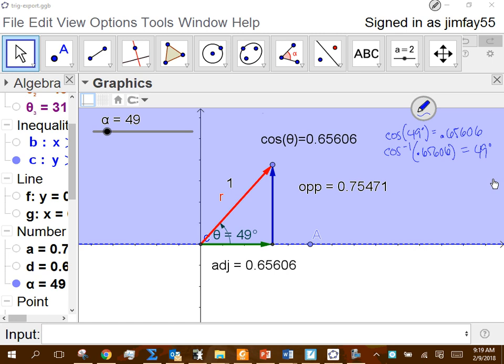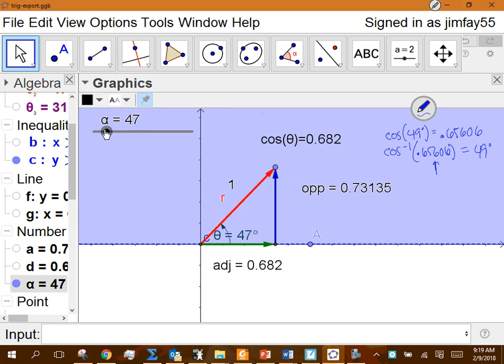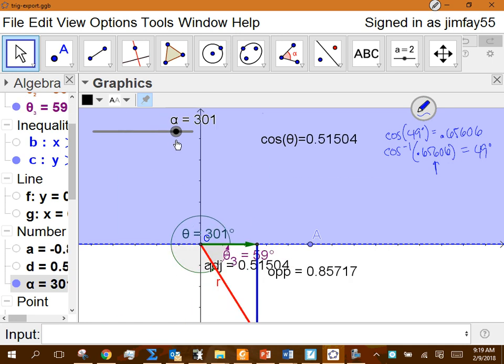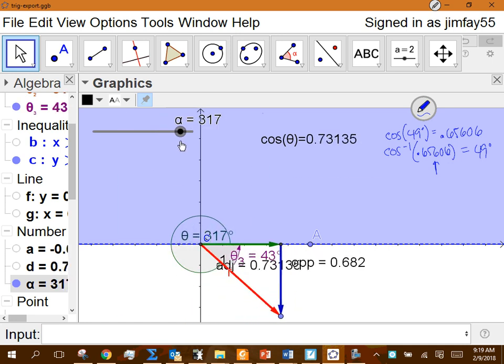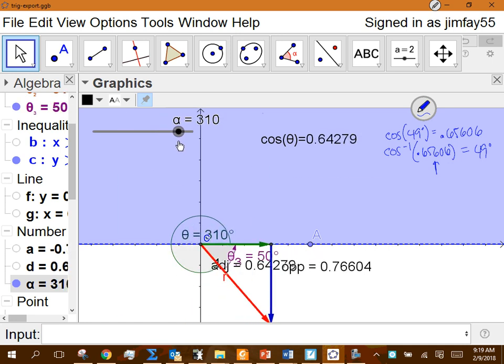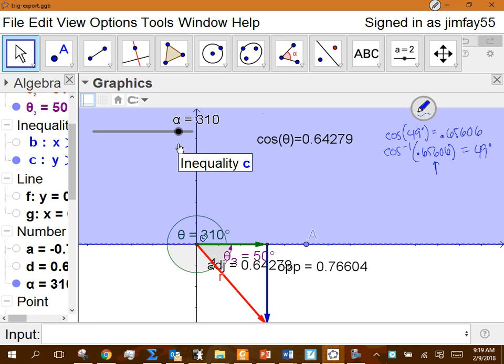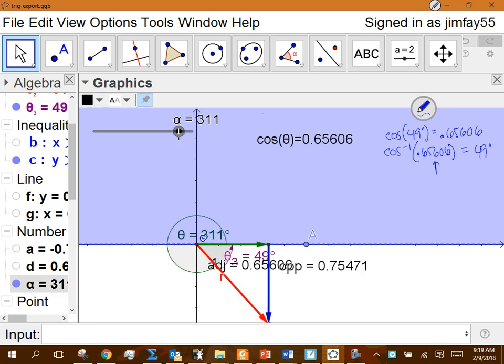Okay. But would you guys agree that that ratio right there is positive? Is there another quadrant that the cosine is positive? Yeah. Okay.